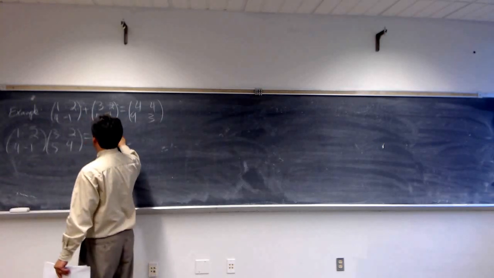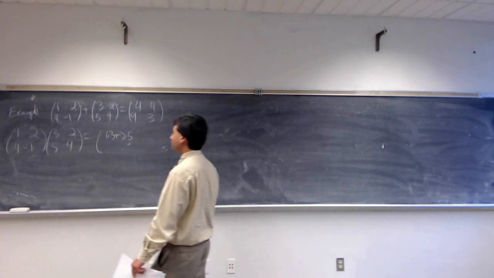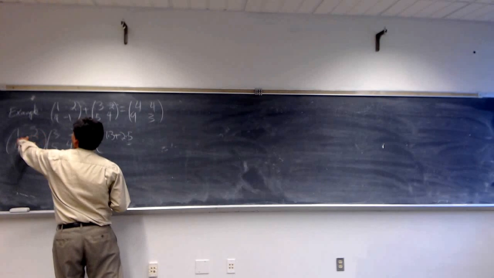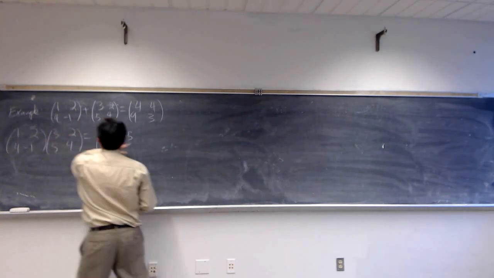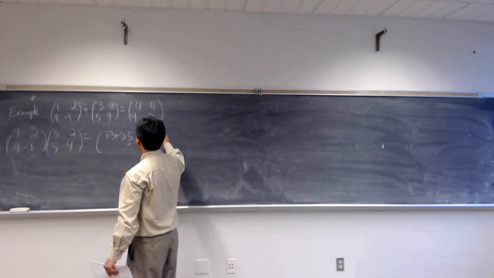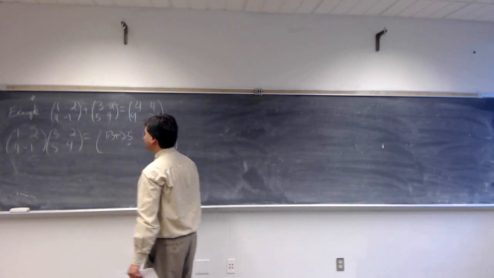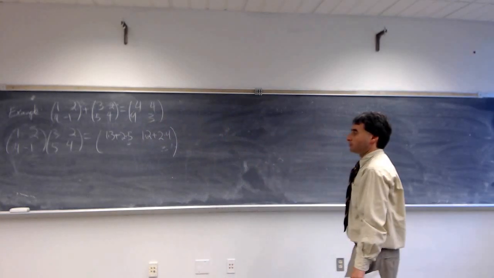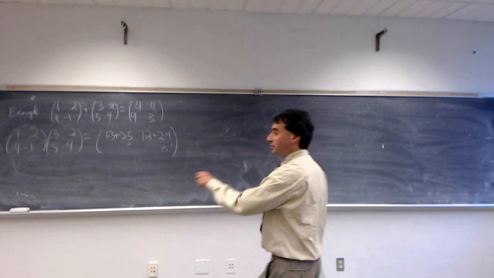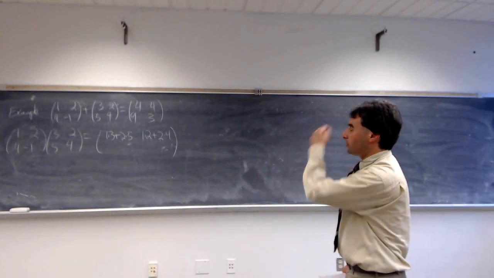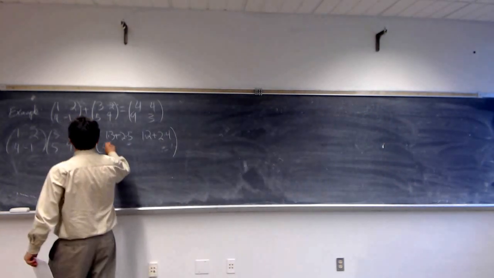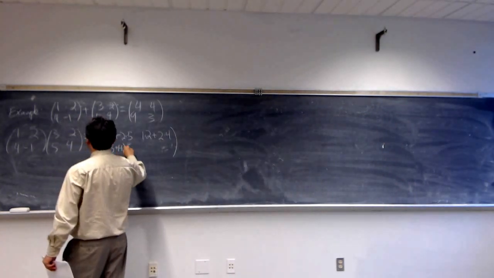Then the first row against the second column gives you the first row, second column entry: 1 times 2 plus 2 times 4. So again, not as simple as just adding the matrices. You don't multiply each entry in A by each entry in B. And then 4 times 3 plus negative 1 times 5.